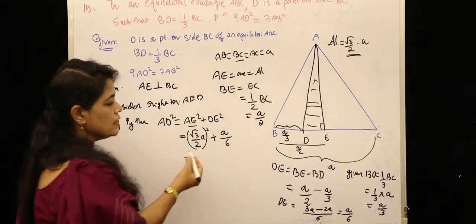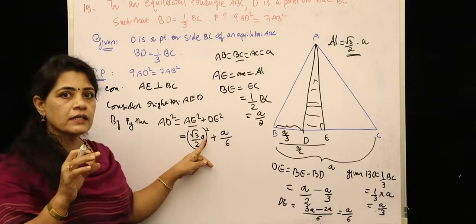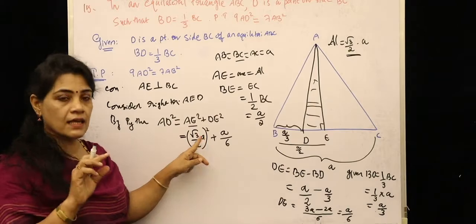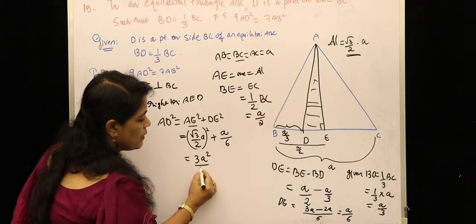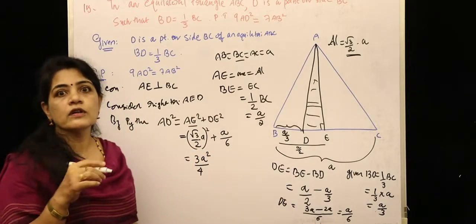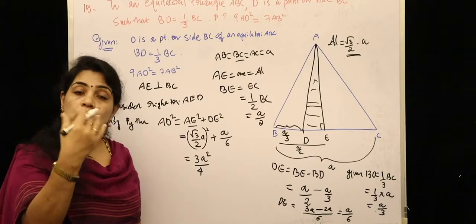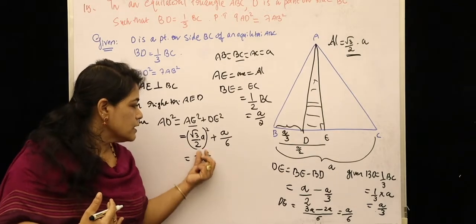When you square this, root 3 A in the numerator, so root 3 square is 3, A square divided by 4, since 2 square is 4. A by B whole square is A square by B square. Numerator as well as denominator should be squared, then only this will be correct.